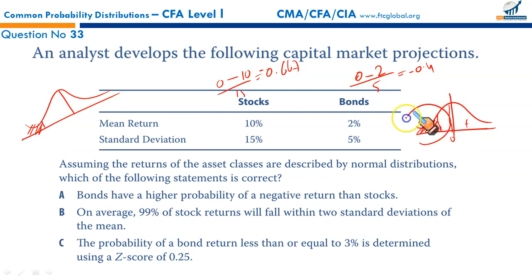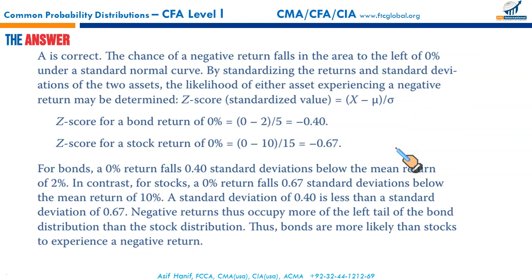It means now you can see here this region is bigger than this one. So bonds have a higher probability of negative returns than the stock. So you need to see it from point of view of times of standard deviation, 0.4 times standard deviation and 0.67 times standard deviation from the mean, right? So that makes bond to be a riskier investment in this case.